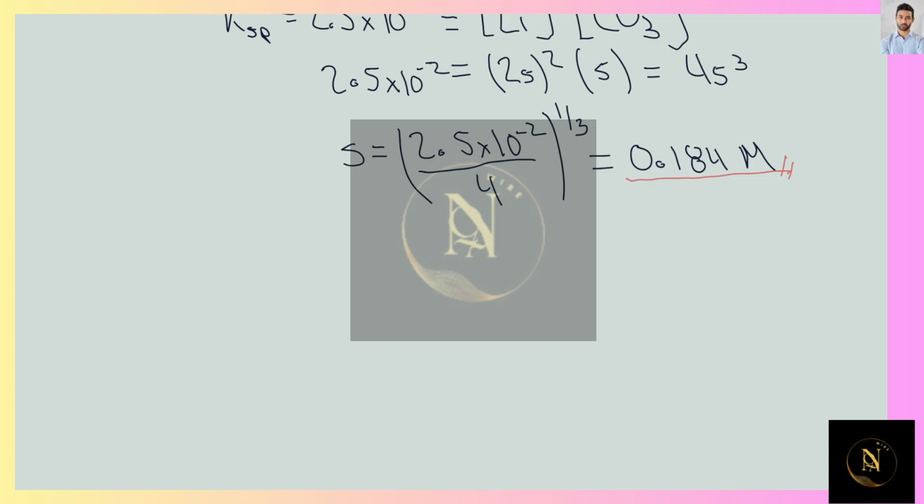In that case, just to keep going with the theme of solubility rules, let's do silver iodide solid. So this is going to dissociate into silver plus iodide minus.